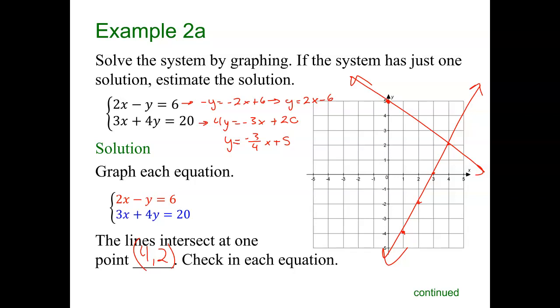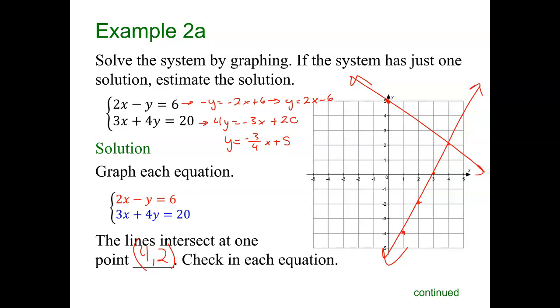And if you know your equations are good and you still didn't get that, that means that the solution wasn't exactly that point. It might be something really close to it, and then we have to use another method to find the actual solution.